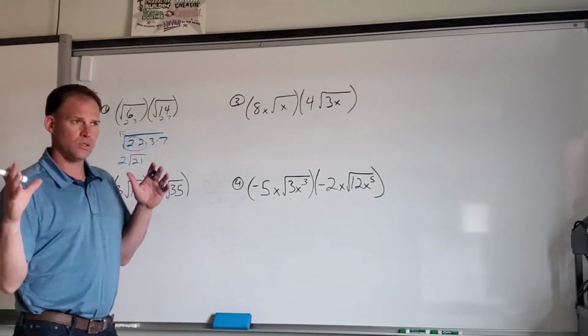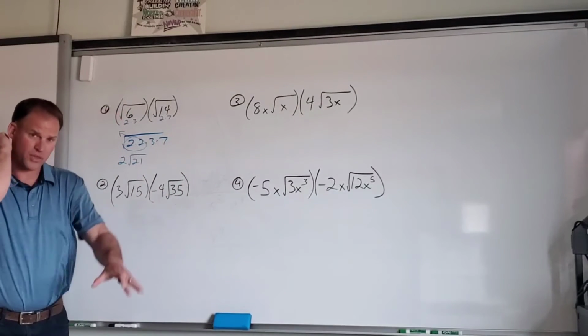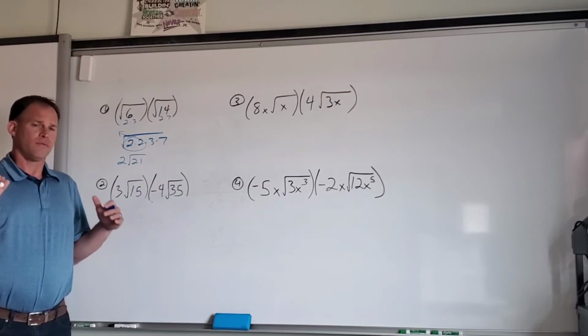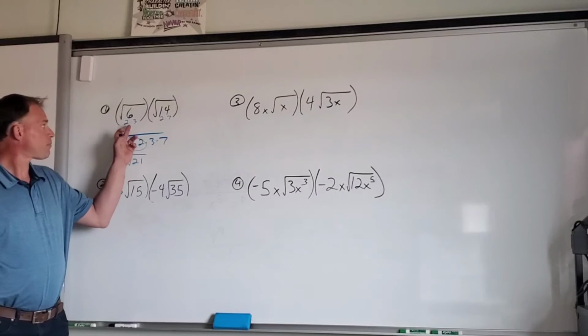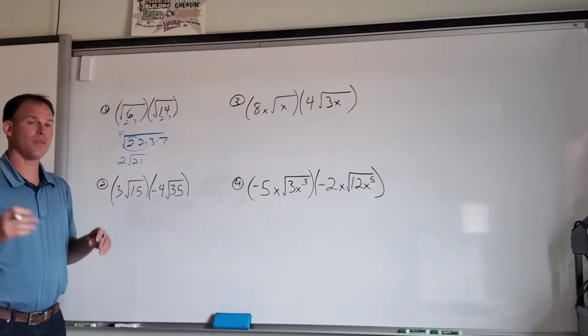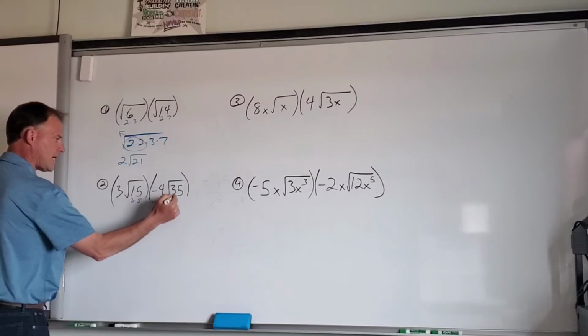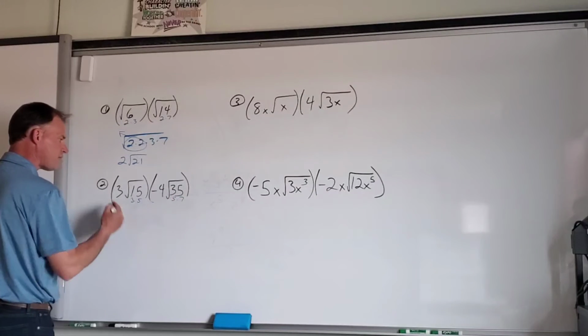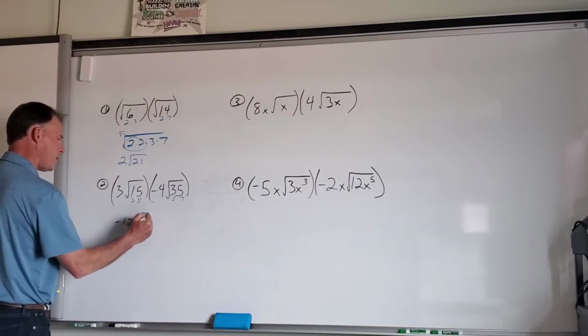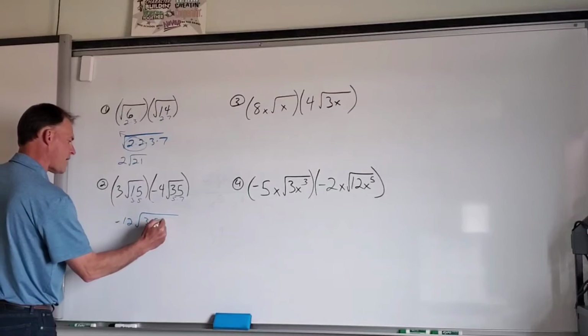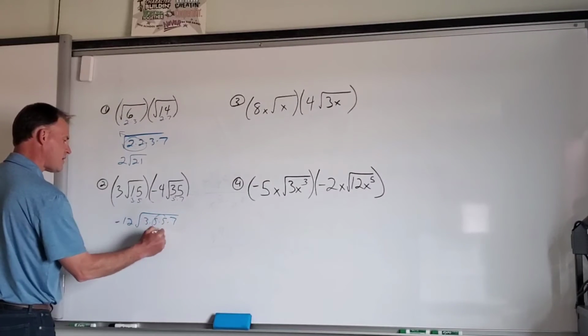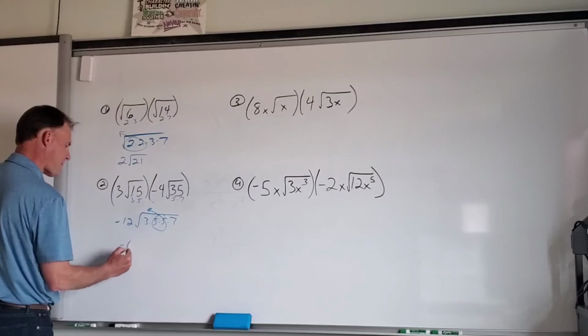If you like putting everything on paper, do that. If you want to try and juggle some of it in your head, break down, put it together. So here, 15, 3 times 5, 5 times 7, so that's negative 12. I get a 3, 5, 5, and a 7. 5's coming out.